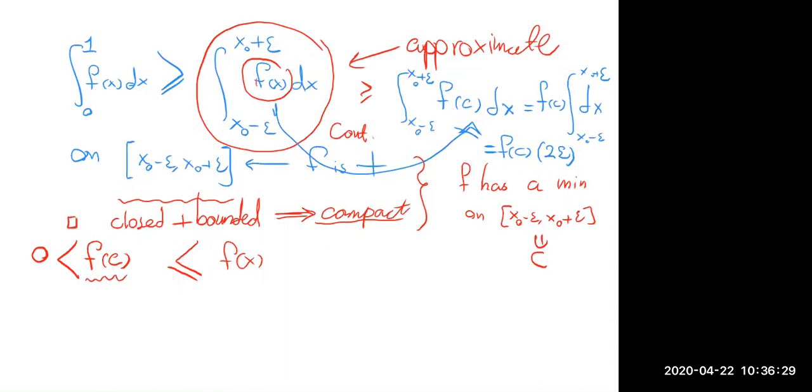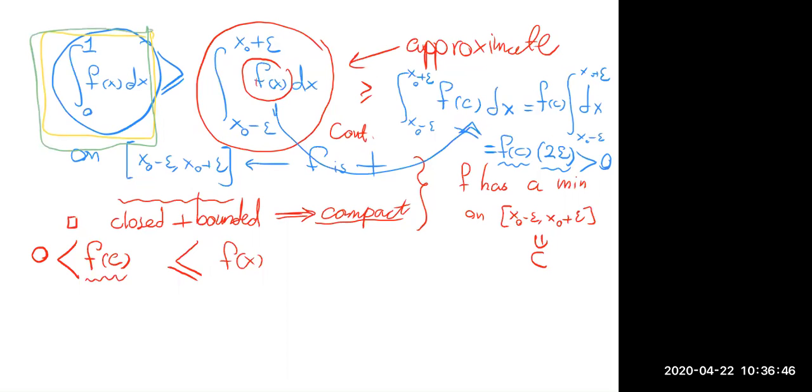So the integral of f is greater or equal than f of c times 2 epsilon, but f of c is positive and 2 epsilon is positive, so this is positive. So the integral of f of x from 0 to 1, which we started with, is greater than 0. Therefore it is positive, and that's a contradiction. We assumed the integral of f from 0 to 1 is 0. So f has to be 0 everywhere. Any question here?